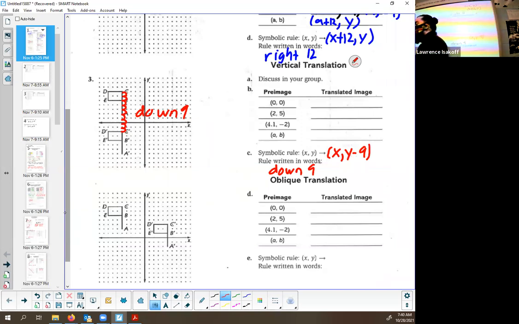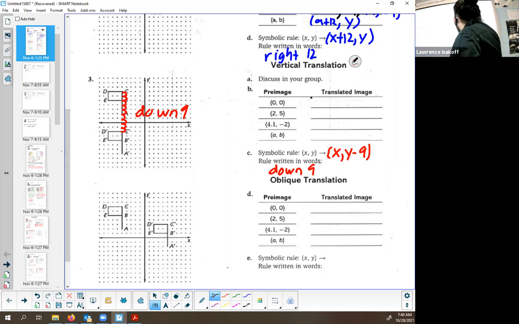I'm just taking the 9 off my Y values because my up and down movement represents Y. So again, let's go here. This is going to start out at 0, X goes unchanged, then 0 minus 9. What's 0 minus 9? So 0, comma, negative 9.